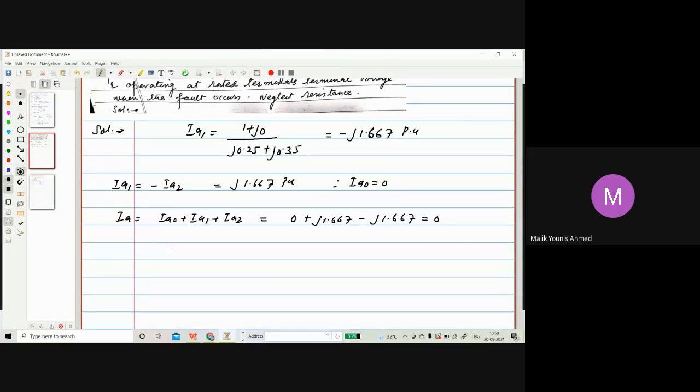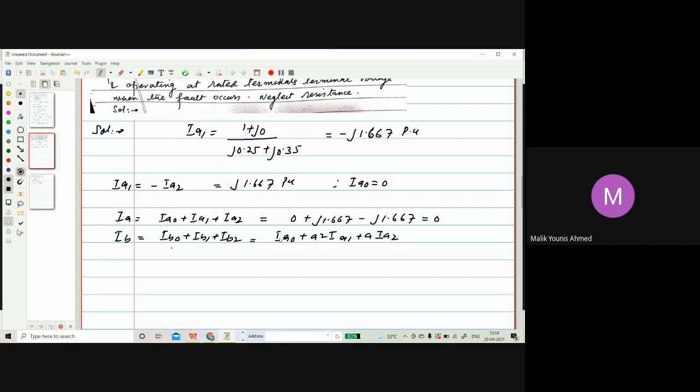But if you have to find IB, it is equal to IB0 plus IB1 plus IB2. But in terms of A, how can we write it? We can write it IA0 plus A square IA1 plus A IA2.